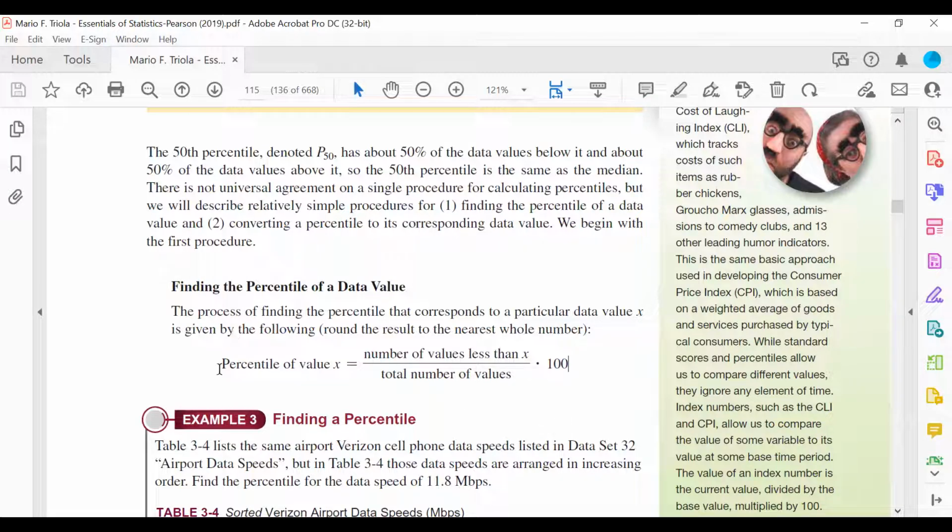That's the formula. It also says here at the top: round the result, round the answer to the nearest whole number. Very important.